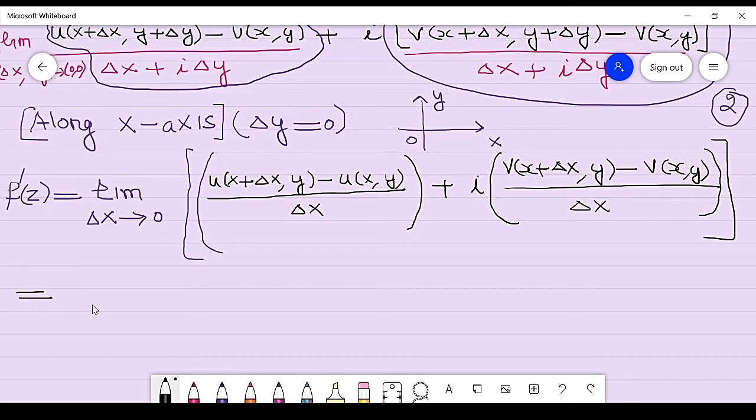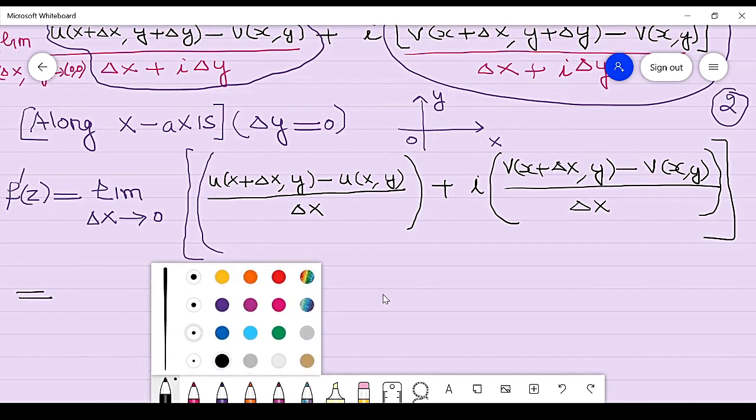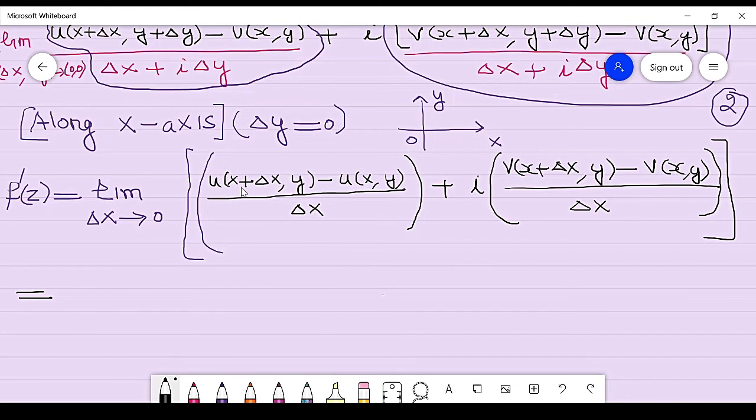So what is this? If we see the definition, it is the derivative of u with respect to x when we take the limit, and this is the derivative of v with respect to x. So it is curly u by curly x plus iota times curly v by curly x, which is equation number 3.